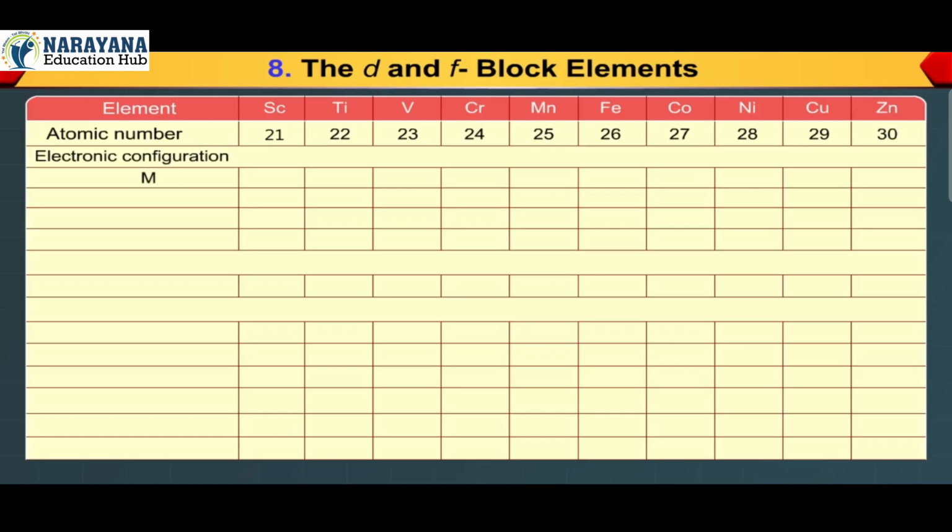Electronic configuration of M: 3d1 4s2, 3d2 4s2, 3d3 4s2, 3d5 4s1, 3d5 4s2, 3d6 4s2, 3d7 4s2, 3d8 4s2, 3d10 4s1, 3d10 4s2.